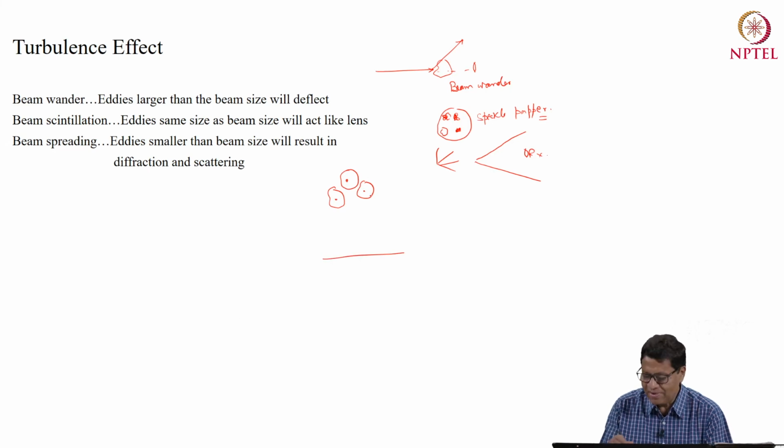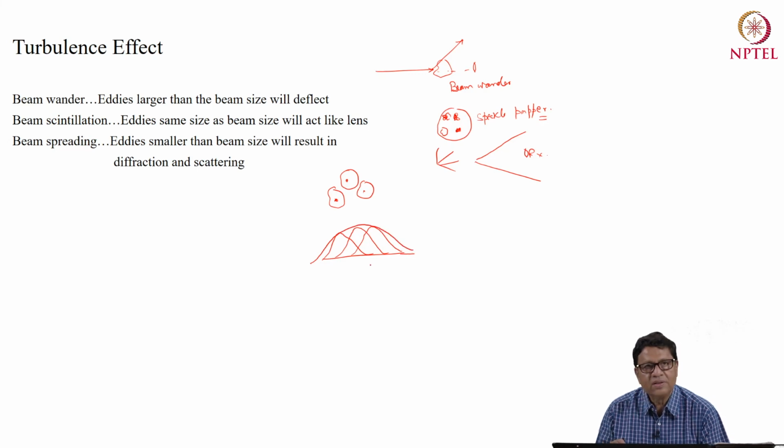If I see the profile corresponding to each hot spot, it is a Gaussian beam with a maximum at this point, at this point, and at this point. Overall, the Gaussian profile is spread out, or skewed. This is what you get at the receiver.